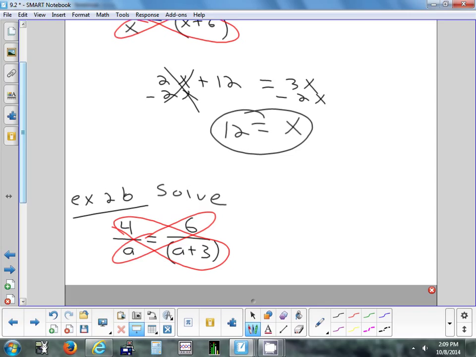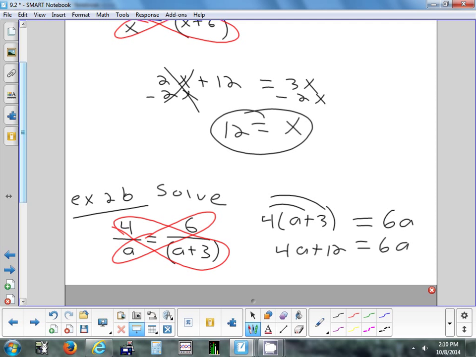What symbol is going to go between those two products? Let's do it out. What's 4 times a plus 3? 4a plus 12. What's going to go on the other side? 6a. Now what goes between them? Equals. That's 4a plus 12 equals 6a.